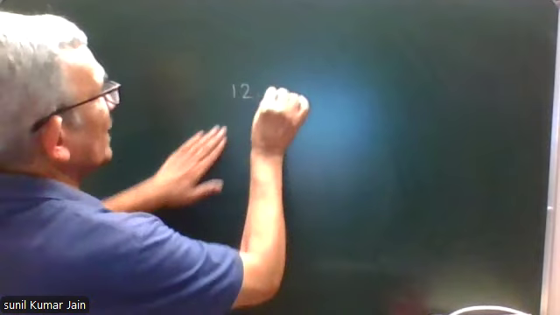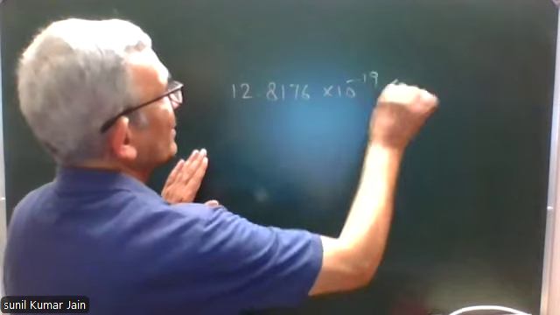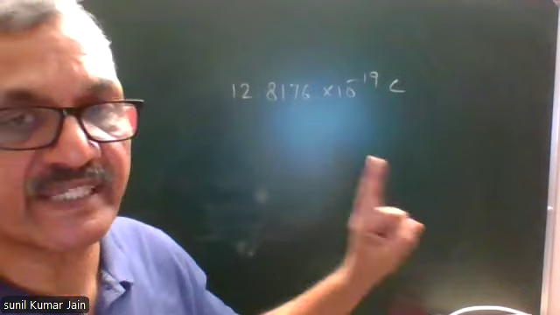For example, the charge on the nucleus of an oxygen atom was found to be 12.8176 into 10 to the power minus 19 coulomb.